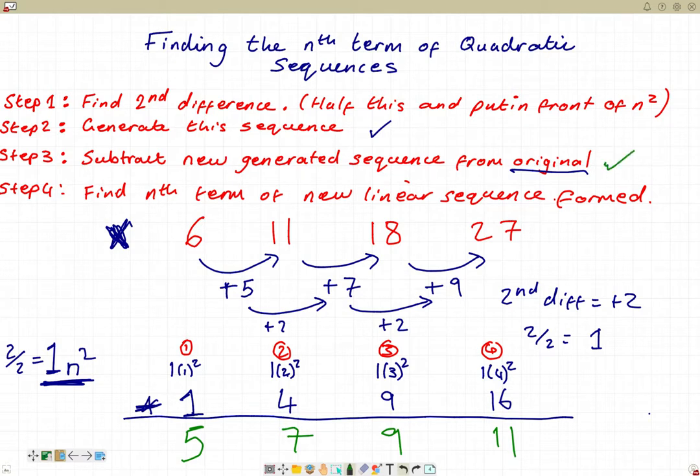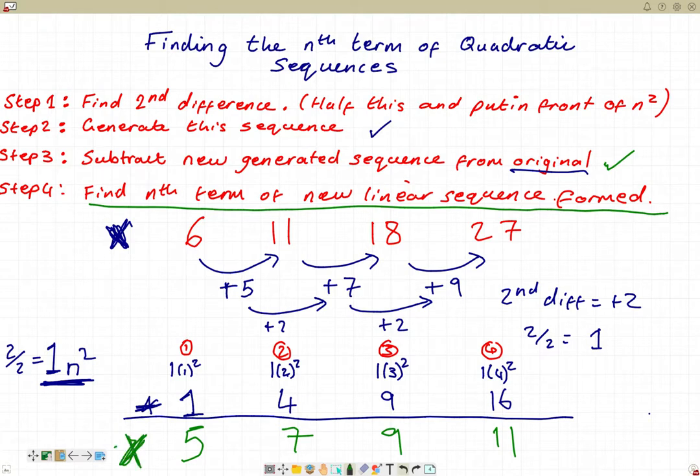Step 4, find the nth term of the new linear sequence formed. As you can see, this sequence I've just formed is a linear sequence, meaning it goes up by the same amount. First thing I do, find the difference. The difference is 2, so 2n, and the zero term will be 3. So 2n plus 3.